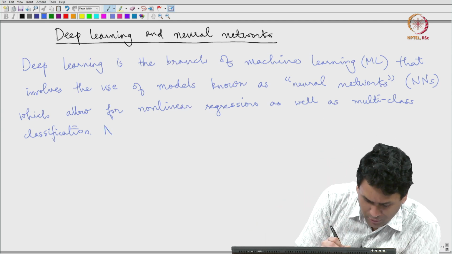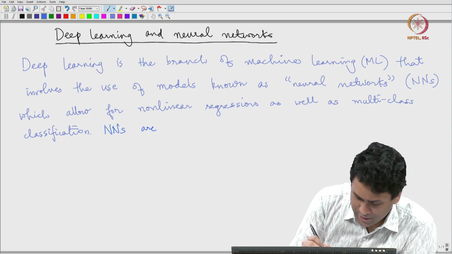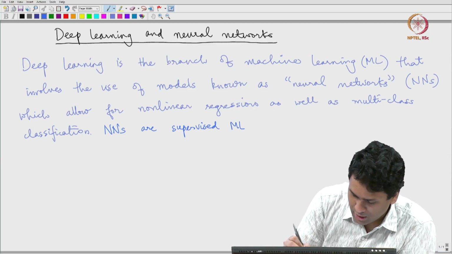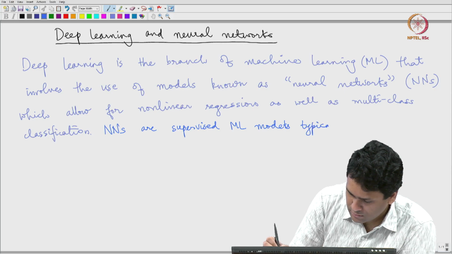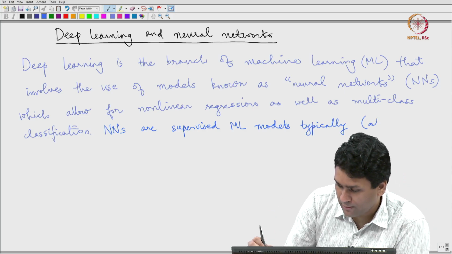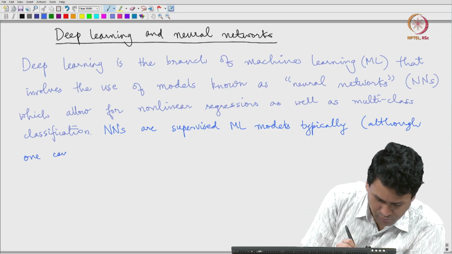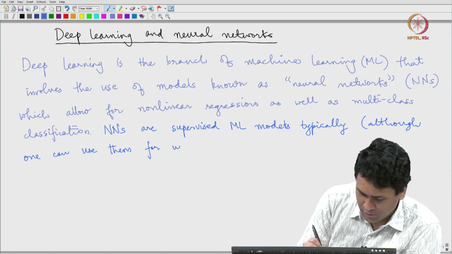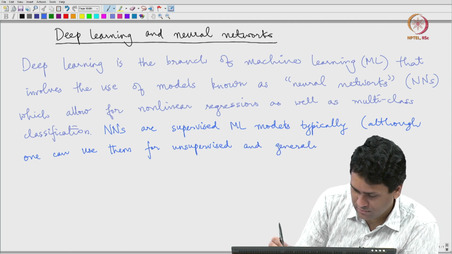Neural networks, NNs, are typically supervised ML models, although one can use them for unsupervised and generative models as well.